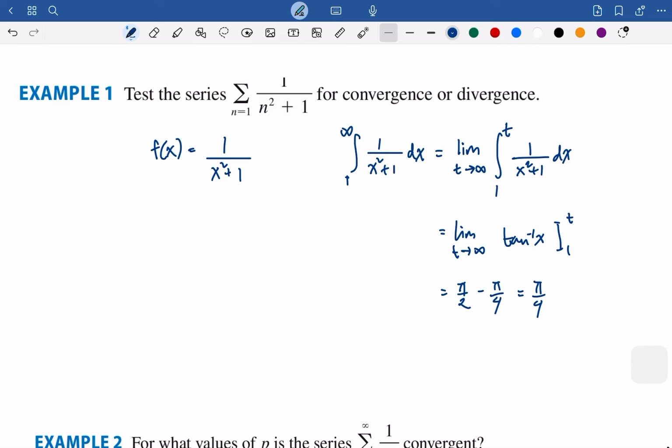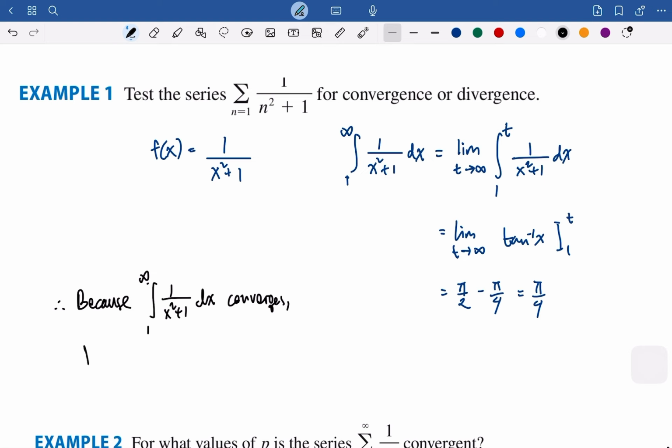Then because the improper integral converges, this series is also convergent.